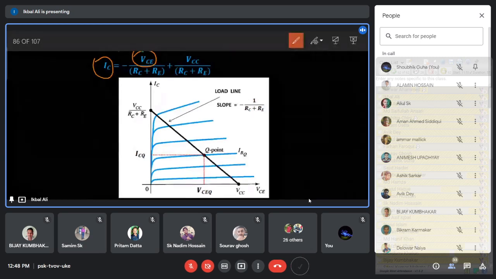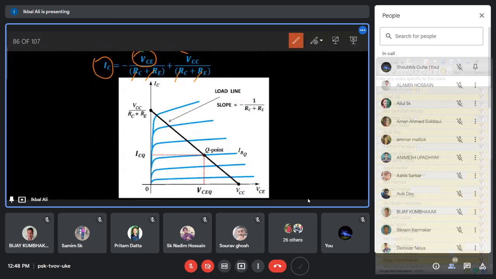VCC, the supply voltage, is known, RC is known, RE is known. These are the resistances connected in the circuit. The only unknowns are VCE, the voltage drop across collector and emitter, and the collector current flowing through the transistor.